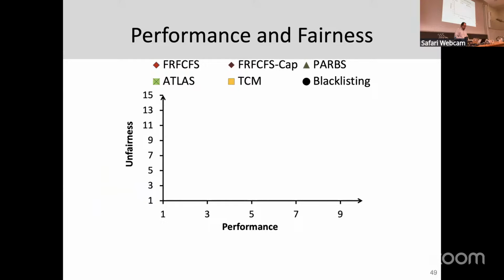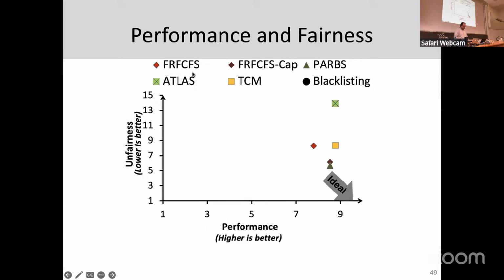Okay, and in this plot that we have also shown before, we compare unfairness and performance. So here, lower is better for unfairness, and for performance, higher is better. Remember that the ideal was this corner.